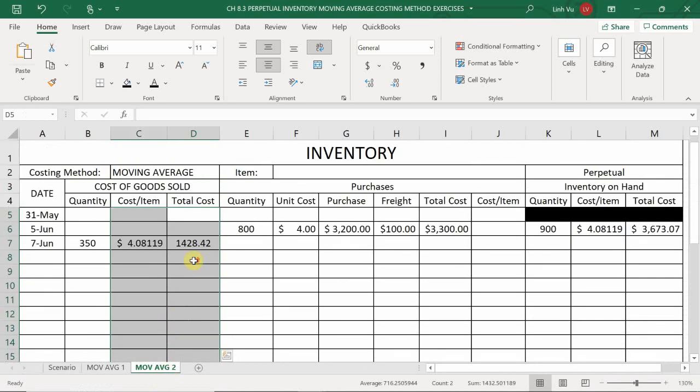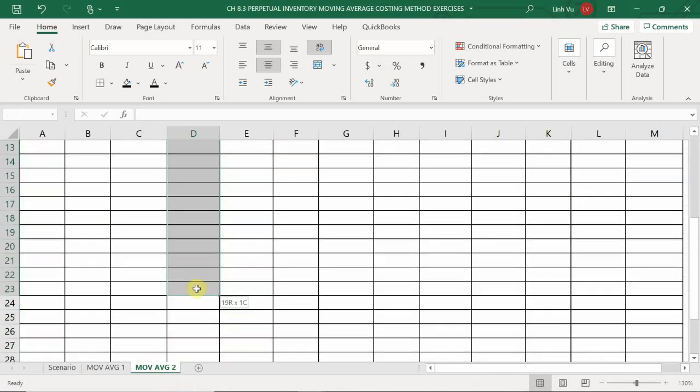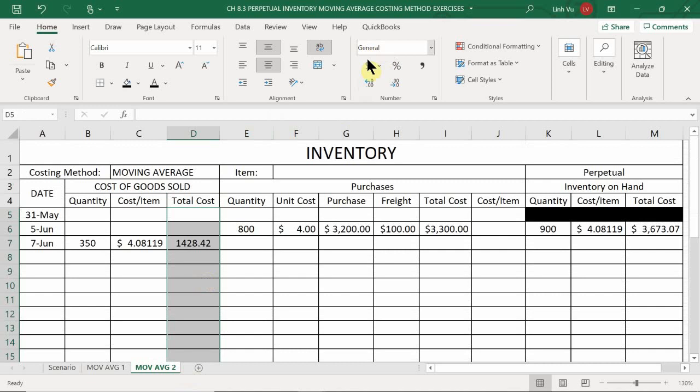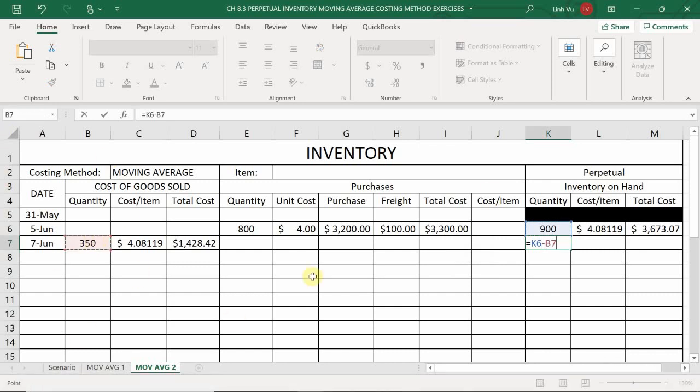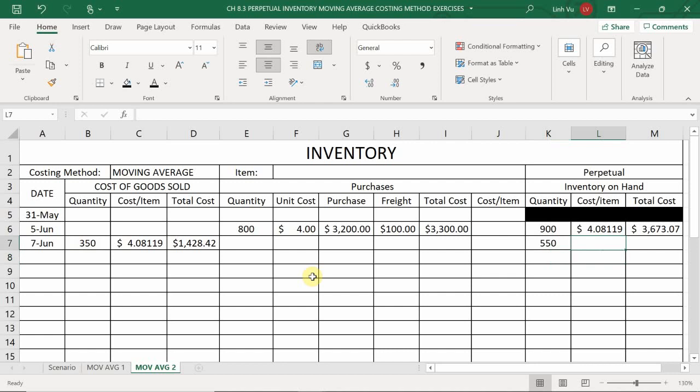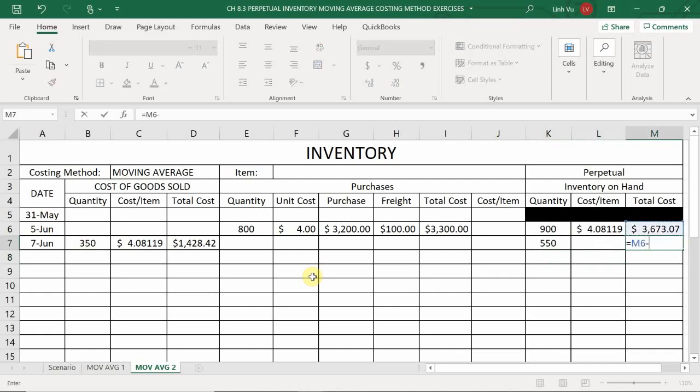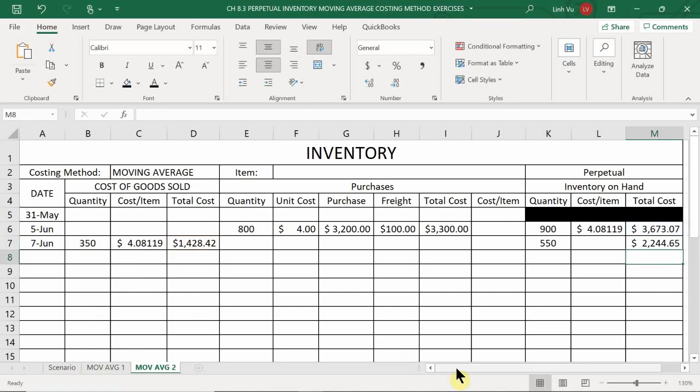Good. This number here is what we're going to subtract out from our inventory on hand, because we no longer have 900 units, since we sold 350. So we now have 550, giving me a grand total cost of 2,244.65.